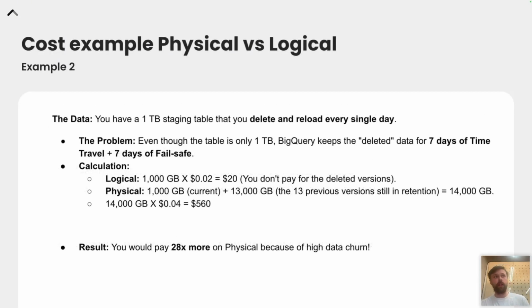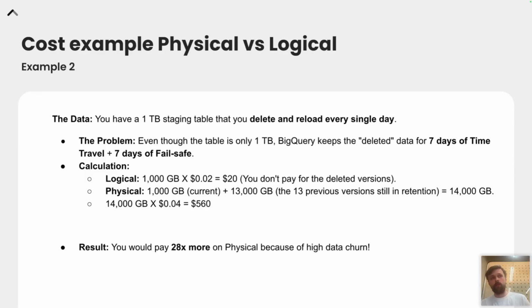Example number 2. Here we have a 1 terabyte staging table that we delete and reload every single day. The problem here is, even though the table is only 1 terabyte, BigQuery keeps the deleted data for 7 days of time travel plus 7 days of failsafe. So if we had logical storage here, it would be 1,000 gigabytes times 0.02, because we only pay for data when it's actually there, and that's $20.